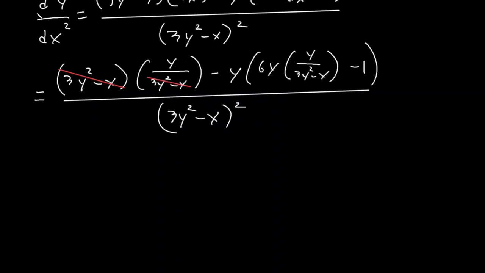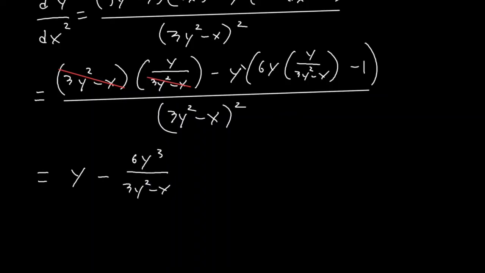And I can also go ahead and distribute in this region. So this part is just going to be y. So y minus, if I distribute this, I'll get a y times a 6y times a y, that's going to be minus 6y cubed over 3y squared minus x.